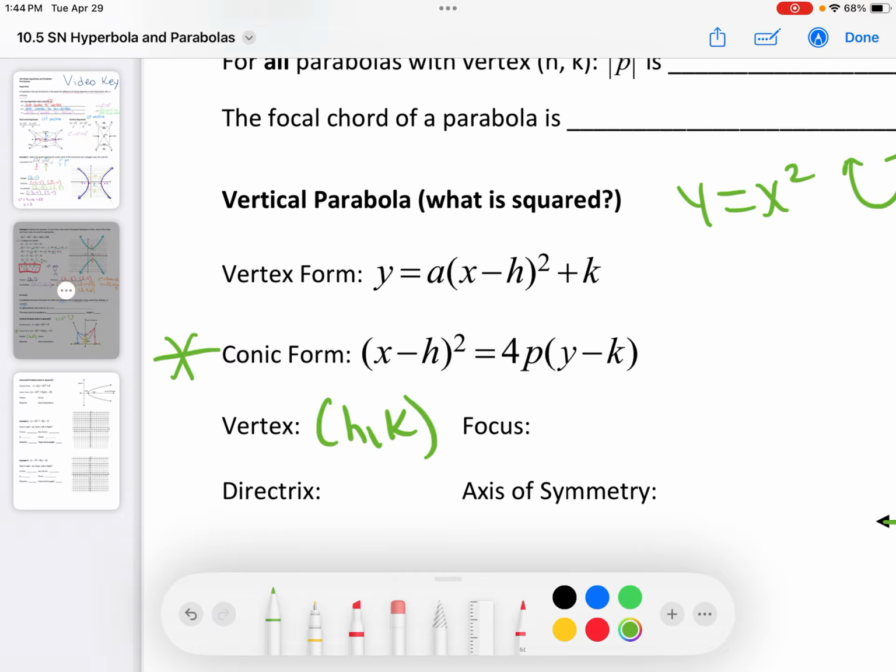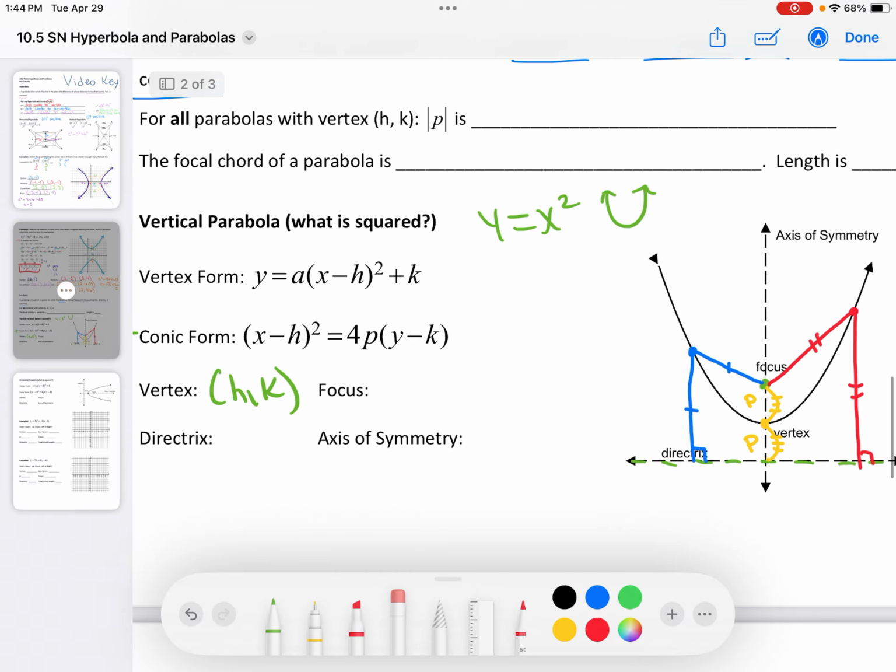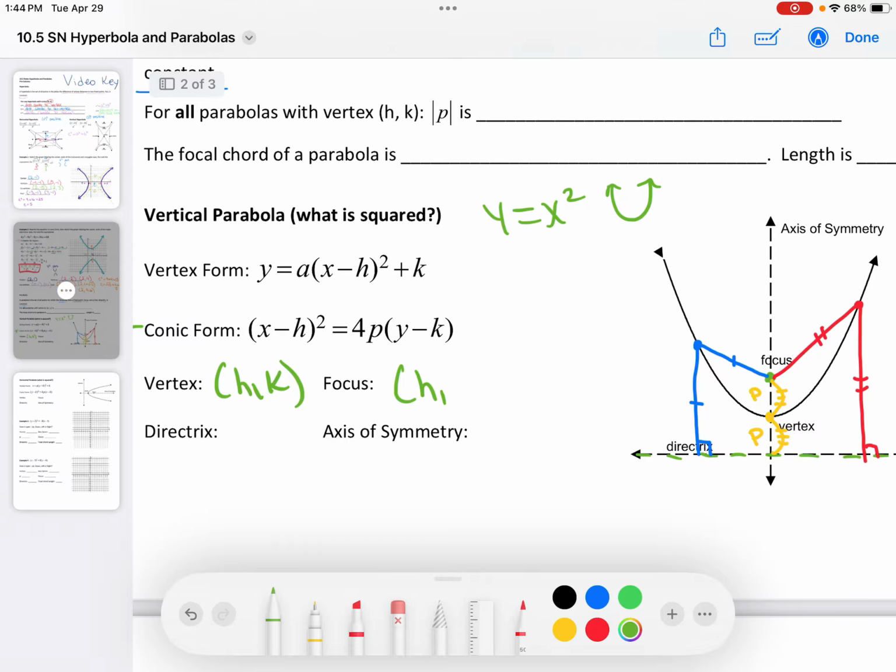The focus is p units away from the vertex. And the focus is inside the parabola. So the focus on a vertical parabola is 3 units up from the vertex. If the parabola were flipped over, it'd be 3 units below.